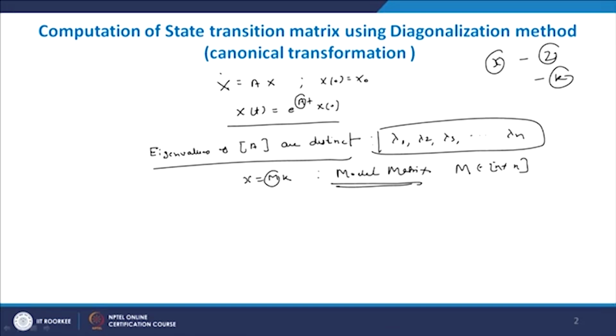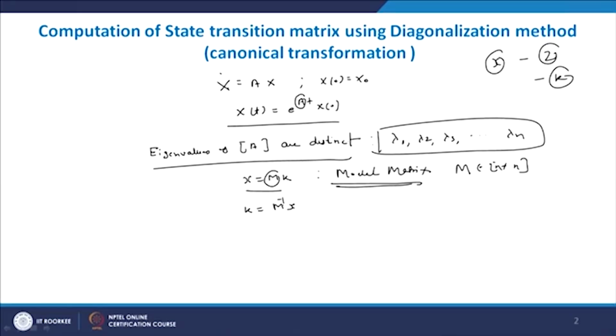Now we want the equation in terms of k. From this equation, k equals M inverse x. After this we can differentiate: k dot equals M inverse x dot.